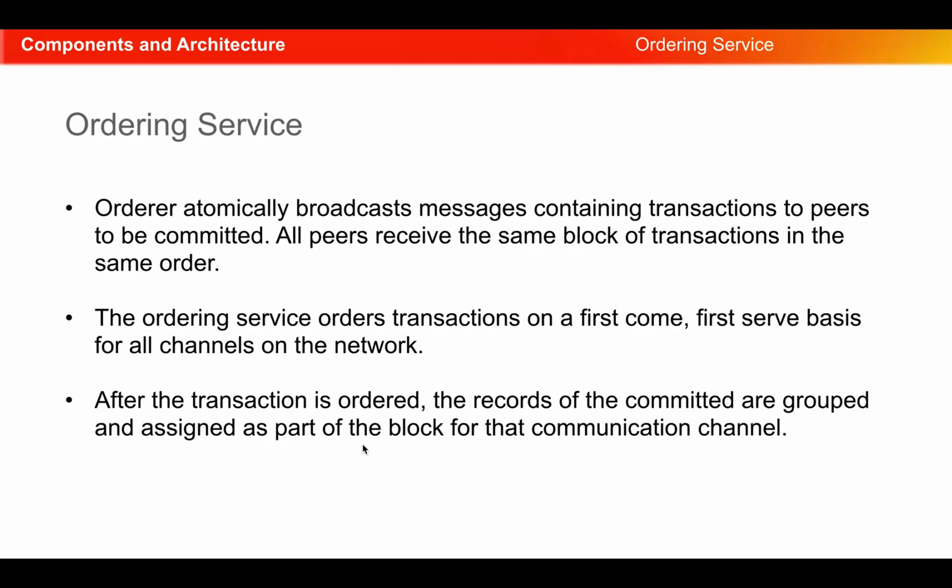After the transaction is ordered, the records are put into a block for that communication channel. As you can see from this slide, the orderer is responsible for getting all the transactions and bundling them as a block, and the communication takes place from that point.